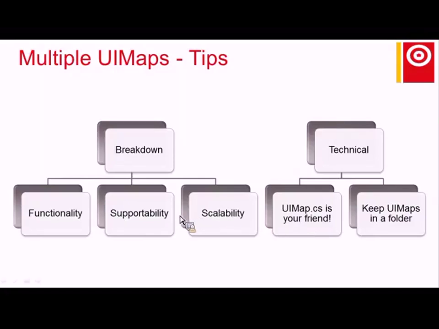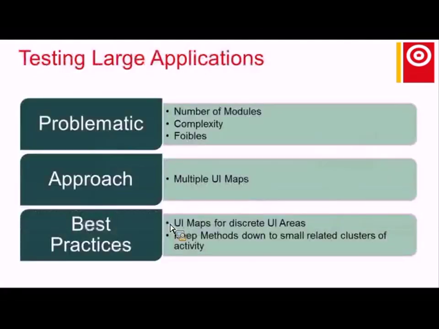It can mean the Solution Explorer is neater because it has a particular place for UI maps, and it means that the Windows folder structure is simpler, again, for the same reason. So large applications have the same problems as the tests for these large applications.